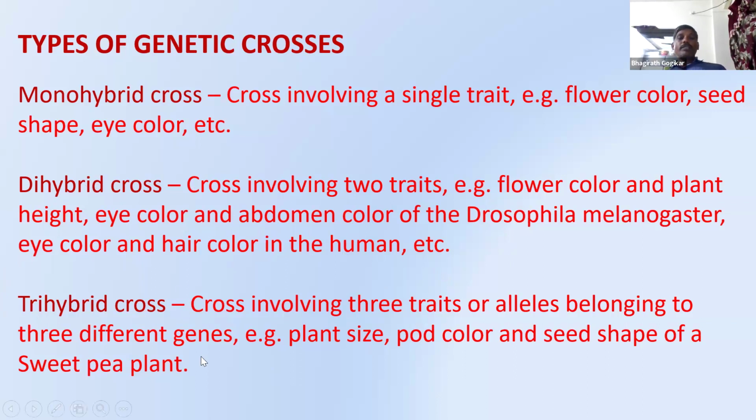And for a trihybrid, the name indicates itself. Tri means 3. You can select 3 traits, or the cross is made with respect to 3 different genes. For example, we can select plant size, pod color and seed shape of the sweet pea plant at a time. It is considered a trihybrid.